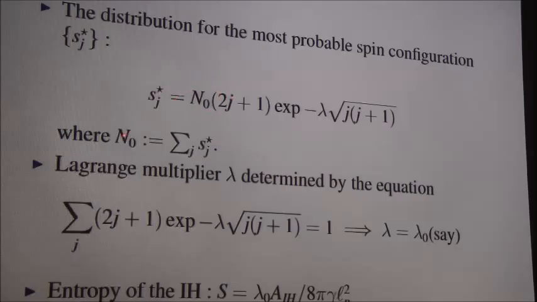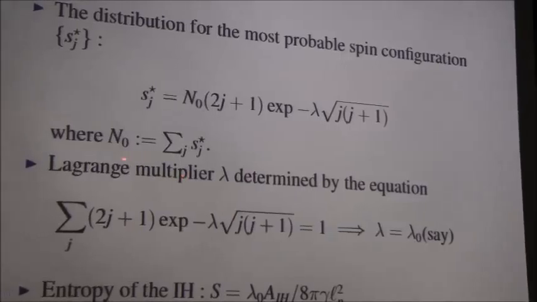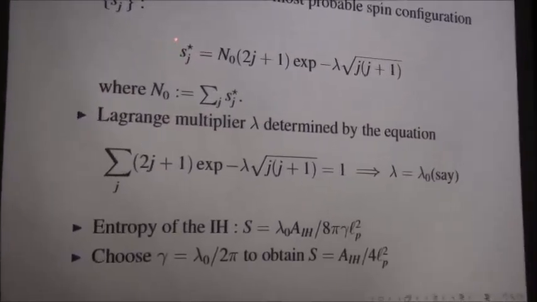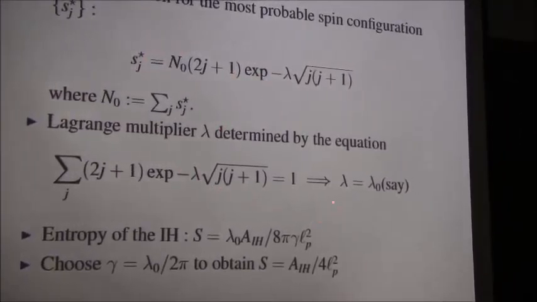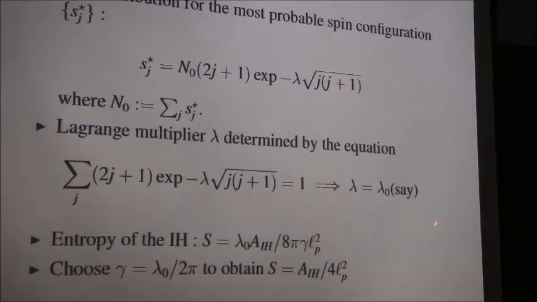where this n naught is nothing but the sum over all possible j's for this most probable distribution. In this case, the Lagrange multiplier gets determined just by taking the sum over this Sj star. I have not shown this value here, but it can be calculated. It's like 0 point something, of order 10 to the power minus 1.